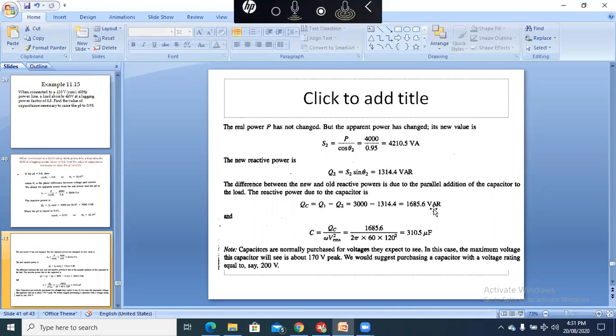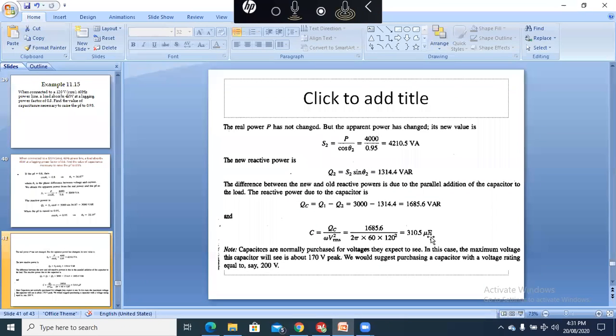So we find the value of QC, and from this we find C as QC over omega Vrms squared. You know omega is 2 pi f, f is 60 hertz, and Vrms is 120 volt. So the value of the capacitor is 310.5 microfarad.